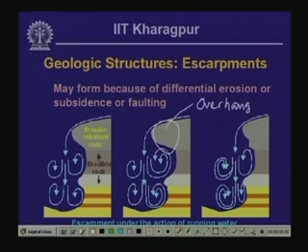That is shown on the rightmost sketch, and gradually the bluff works its way to your right. So, this is an illustration of how an escarpment evolves because of erosional activity of water flowing at the surface.